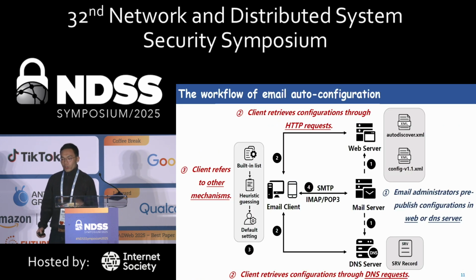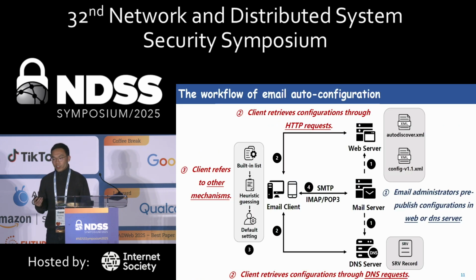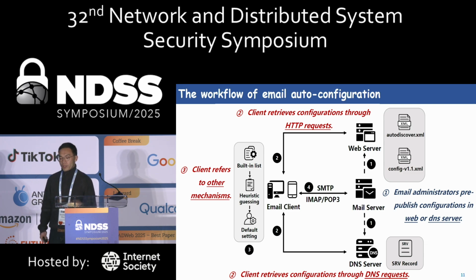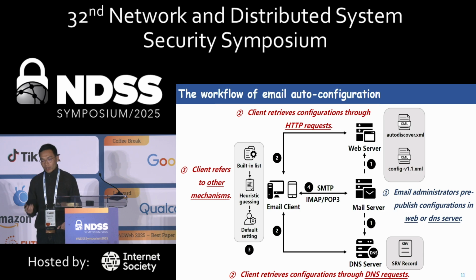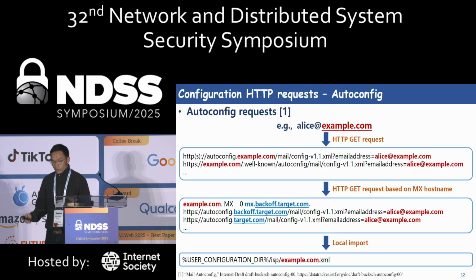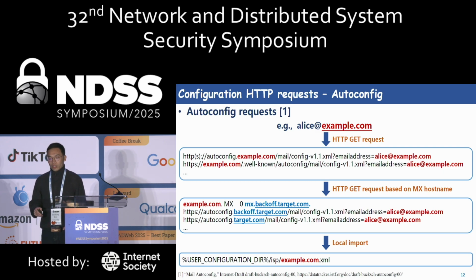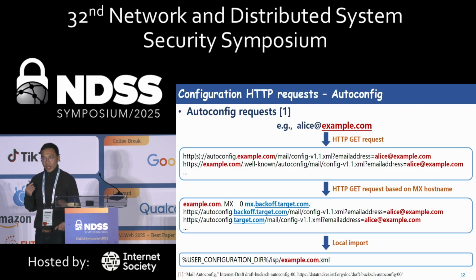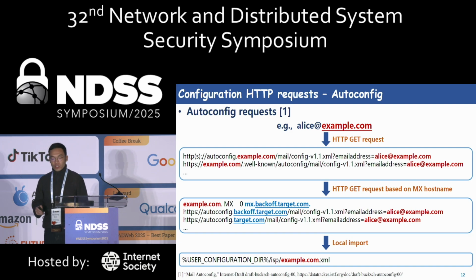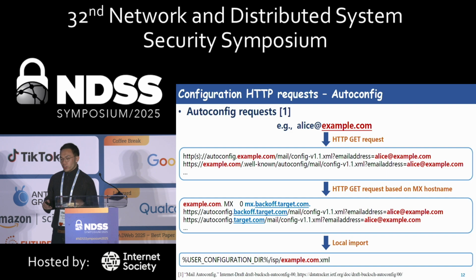Next, the client can now receive configuration through an HTTP or DNS request. Besides, a client can also refer to other mechanisms. Let's focus on how the Autoconfig request process works. First, a client needs to access the domain part of an email address, and then construct a list of candidate URLs based on specified URL patterns.